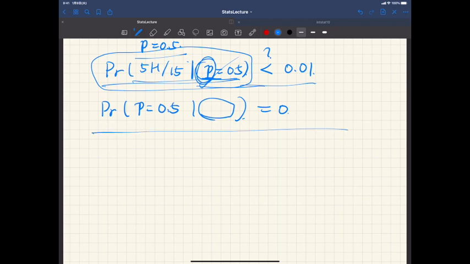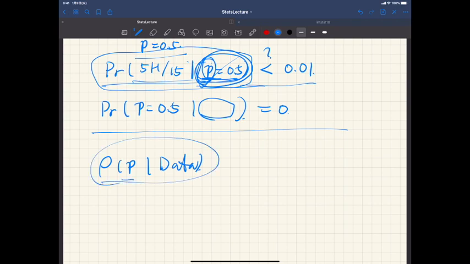On the other hand, in the Bayesian approach, we don't just calculate the probability that p takes a certain exact value, but we calculate the density function or distribution of this random variable given the data. So we consider the entire distribution of the hypothesis.